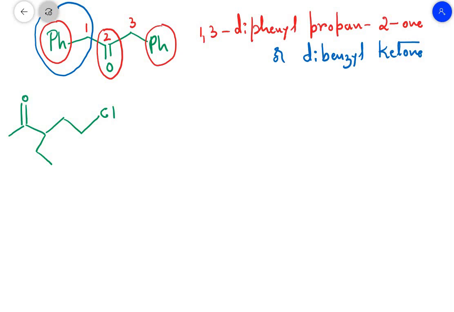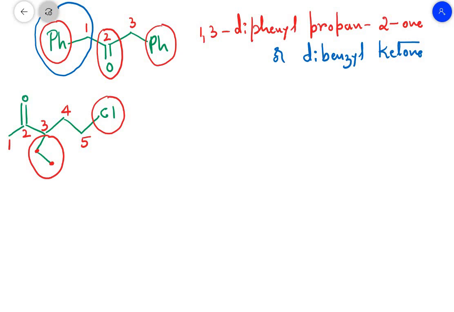In this next example, students, numbering starts from here 1, 2, 3, 4 and 5. At the 5th position we are having one substituent, that is Cl, and at the 3rd position we are having one more substituent, but in this there are 2 carbons. There is 1 carbon here and another carbon here. So therefore 2 carbons, that is called ethyl, but alphabetically C comes first.